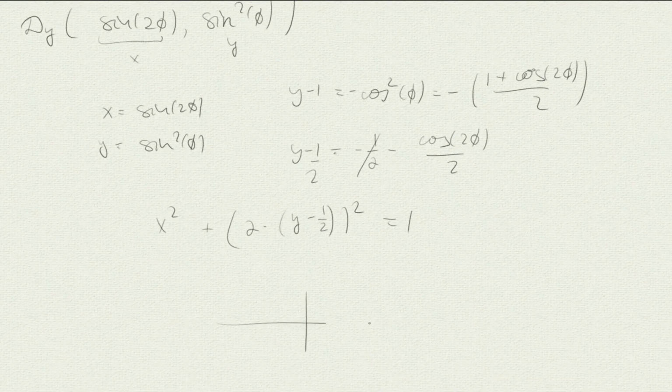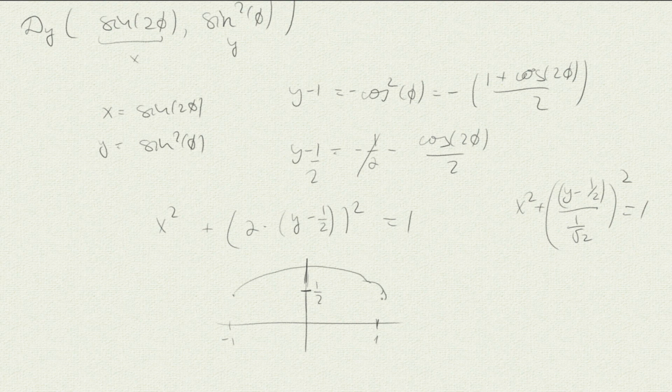So this is the canonical ellipse, which is centered here at half, and this axis along x goes from -1 to 1. It's like dividing by the, so this can be written as x squared plus y minus 1/2 divided by 1 over the square root of 2, all of it squared, equals 1. So that's this ellipse that we have seen in there. So I've just proved that this equation is the ellipse.